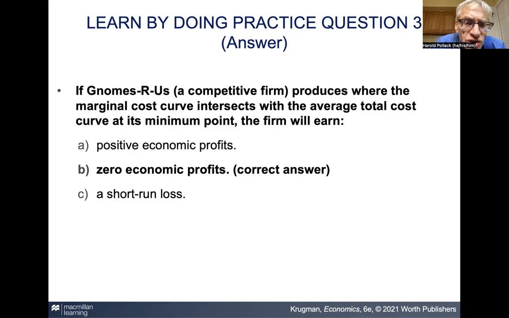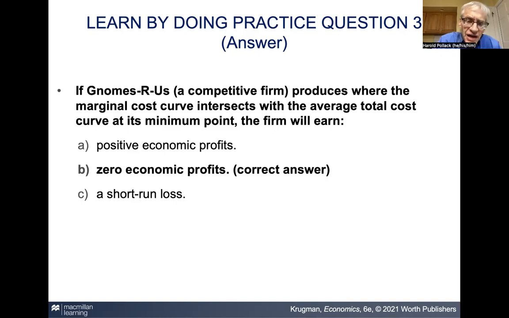The marginal cost curve intersects the average total cost curve, so what you're doing is producing at a level where, in a perfectly competitive situation, the market price has been set so that there are zero economic profits. Now, you might say, why is that? How do I know it's zero economic profits?